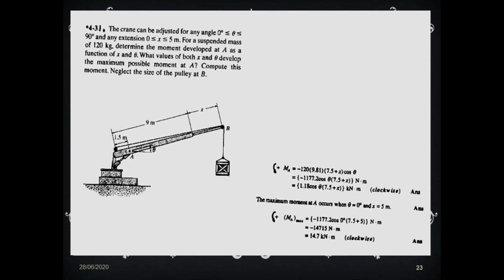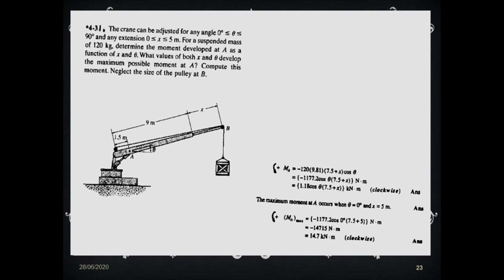This crane basically has a beam length of 9 meter, and then there is a boom extending from it. Its length is x, and x has a limit from 0 to 5. 0 means the boom goes totally inside, and 5 means it's the maximum it can go outside to increase the span of the crane.